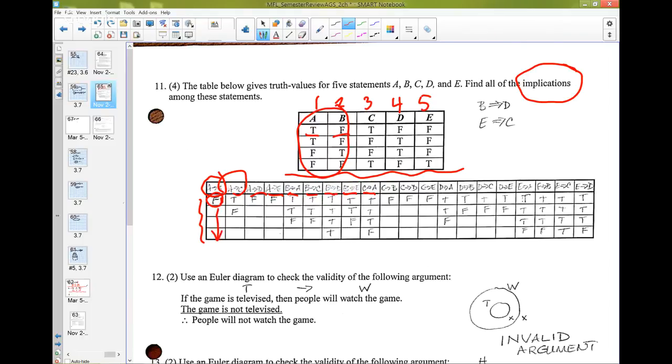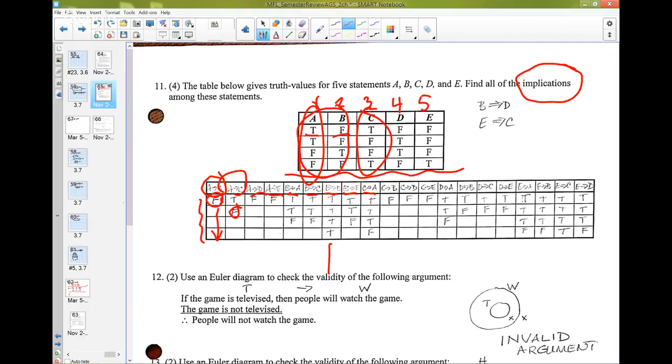Don't bother with the rest because it can't be a tautology. Okay, that's out. Let's try the next one. If A then C. Now you're looking for your if here and your then here. Again, I come up with a false in the second row, so that didn't work.